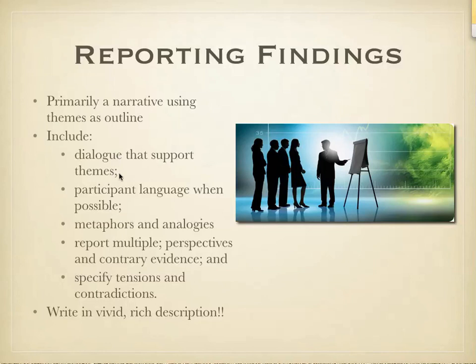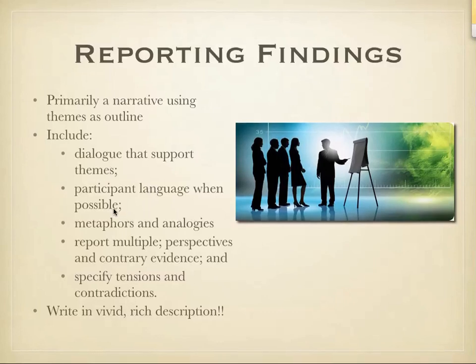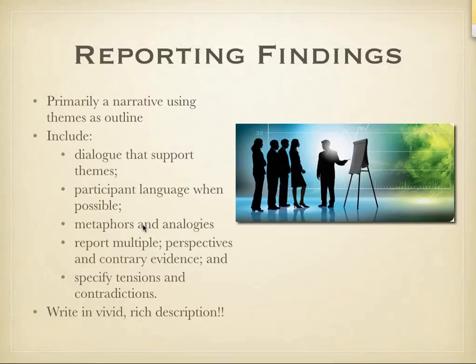Then you write on it as you would write any kind of a research report. You would pull from that some of the dialogue that supports your themes as examples. You could use participant language, write very descriptively and powerfully using metaphors and analogies.